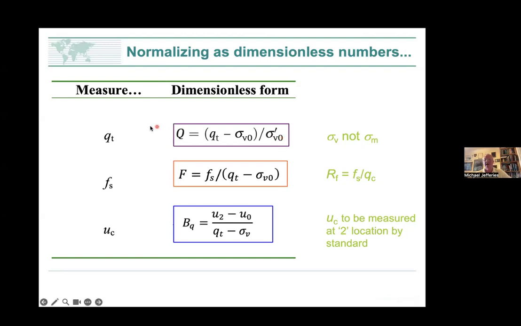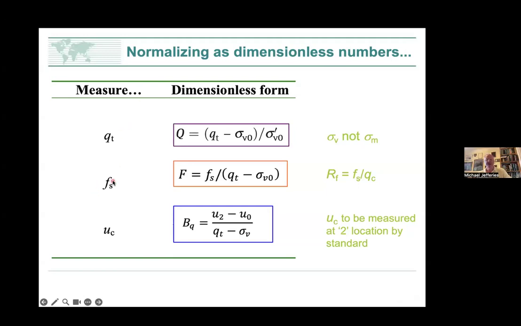If that is in megapascals, that will turn into just a stress ratio. If you come from a background of deep foundations, that Q is the same thing as the bearing capacity factor Nq in the design formula for a pile.